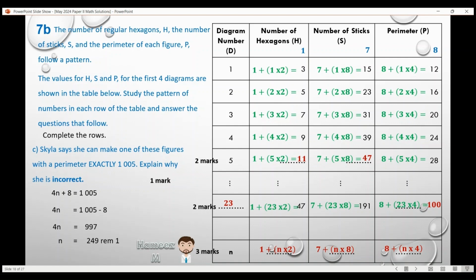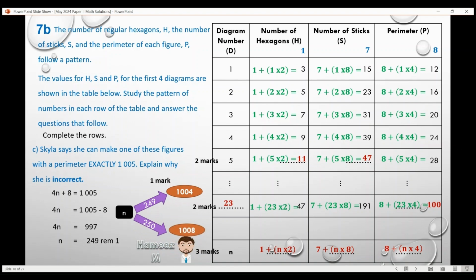What does that mean? If we say n is 249, meaning the 249th diagram, at that point the parameter will be 1004. And to go from there to the next diagram, which is the 250th diagram, we need 4 more sticks. So it'll be 1008.